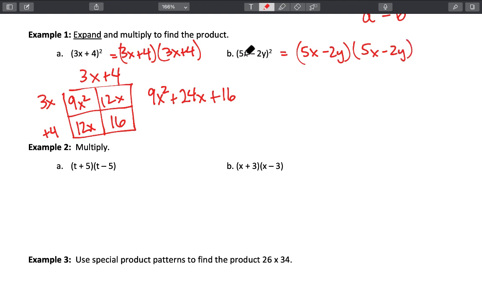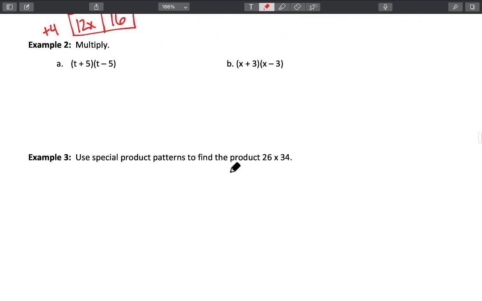The result should be the first term squared, 25x squared, minus 2 times their product. That product is 10xy, and 2 times that is 20xy. Finally, plus the last term squared, so plus 4y squared. That should be the end result. If you don't trust me, go ahead and either distribute it or create the box method and do the multiplication.